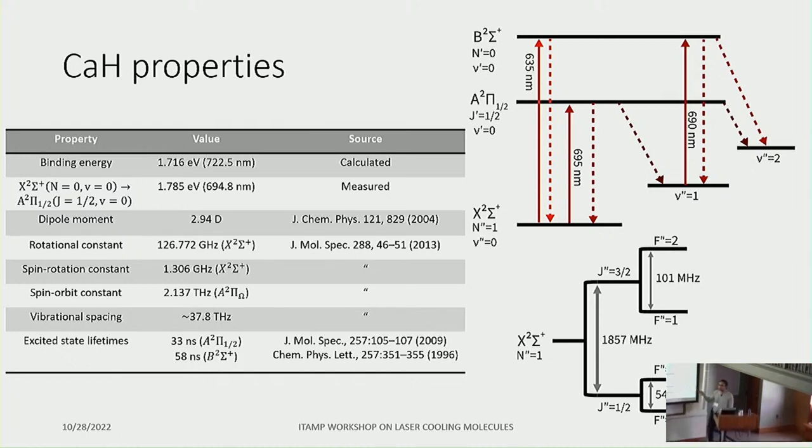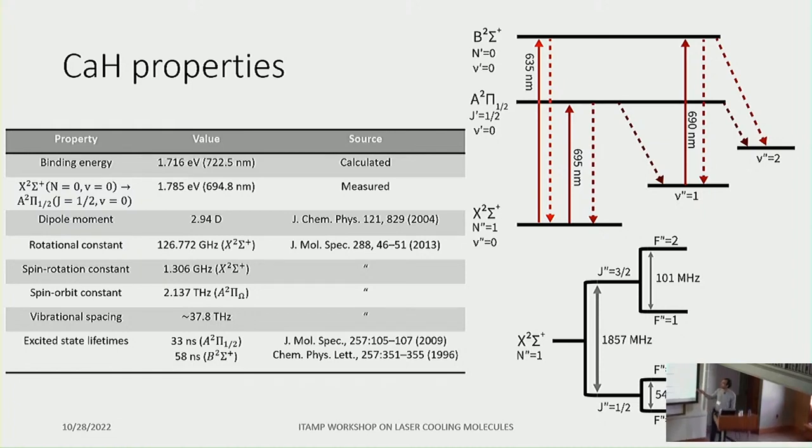The transitions are fortunately very visible. It's easy to get laser diodes at these wavelengths. Because of the light mass of hydrogen, some of the energy scales are much bigger than calcium fluoride, say. For example, the spin rotation splitting of the ground state is close to 2 gigahertz compared to tens of megahertz for the other molecules. And then the hyperfine is quite resolved in the ground state.